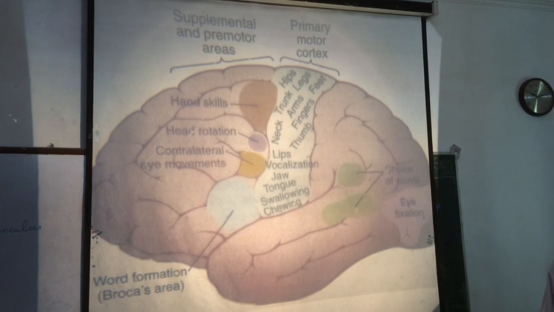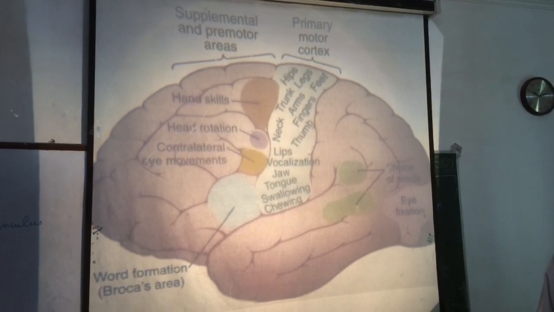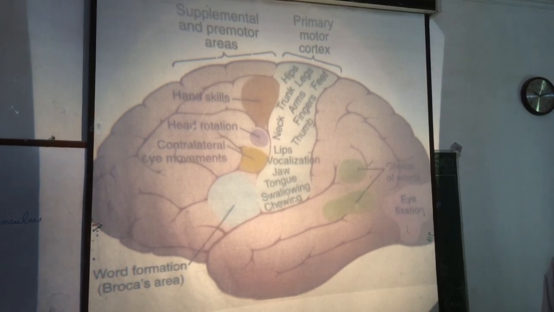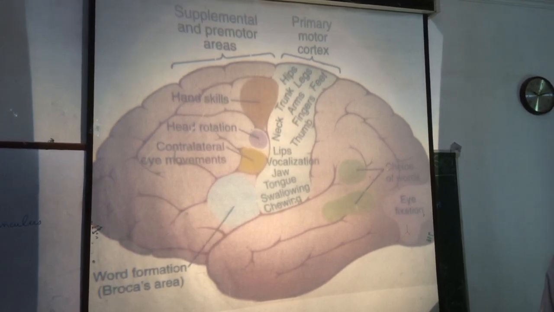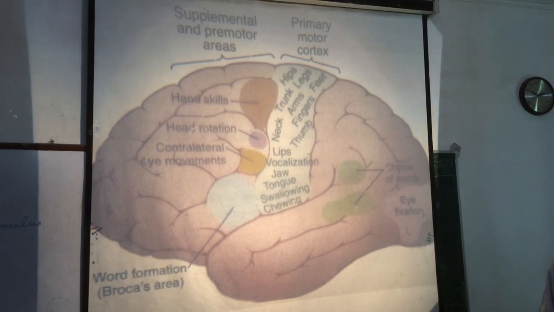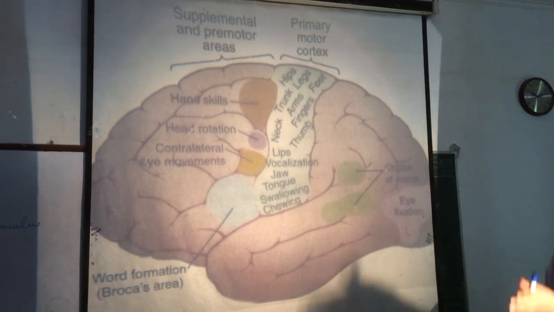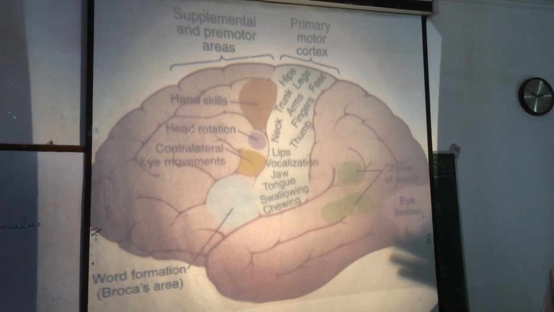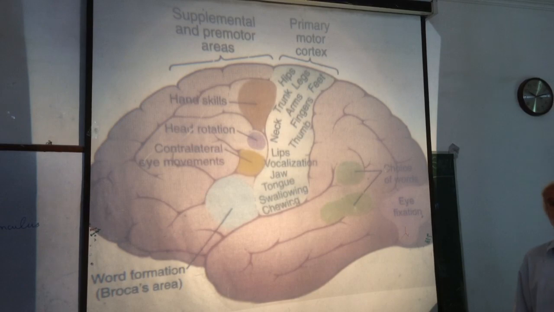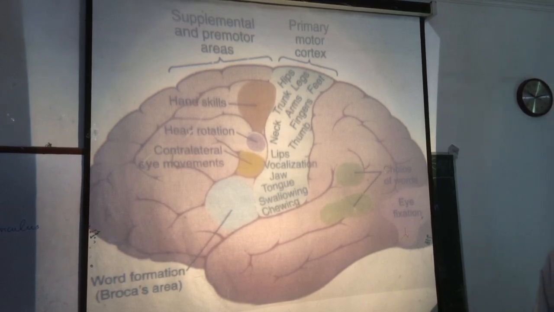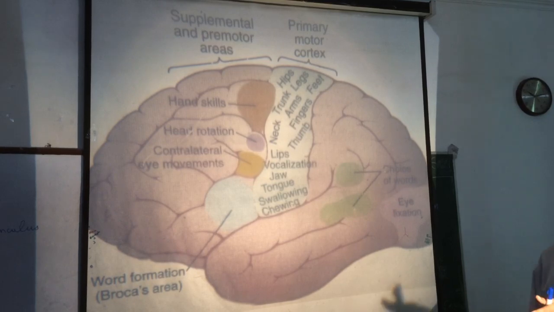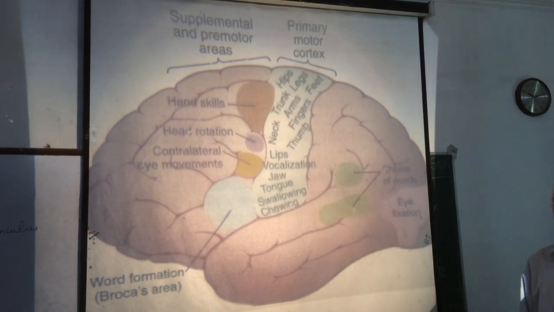The premotor area is connected to the primary motor area directly, or through the basal ganglia and then through thalamic nuclei to the primary motor area.